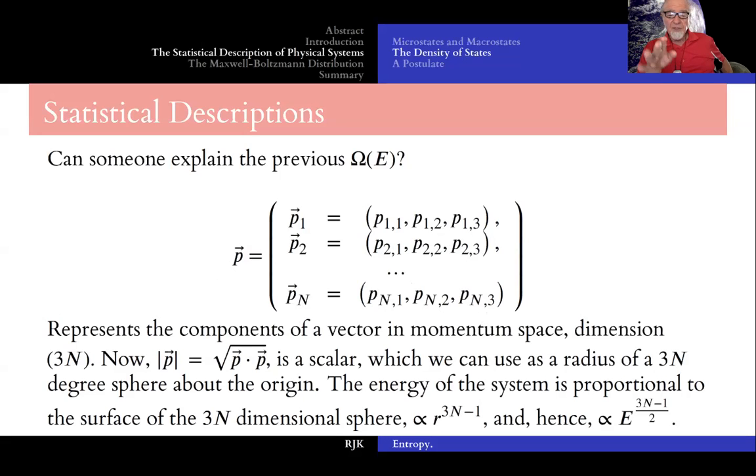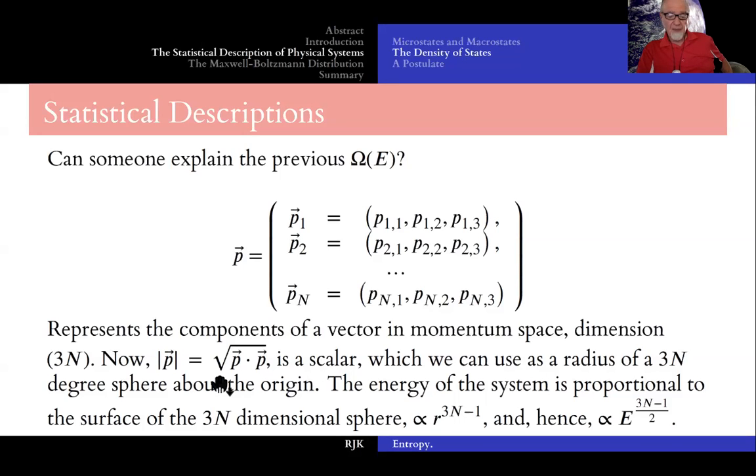Any of those collections of momenta that have the same total magnitude, a constant, represent the spherical surface in the 300 dimensional space we're talking about, momentum space.